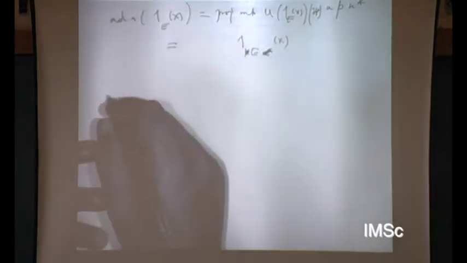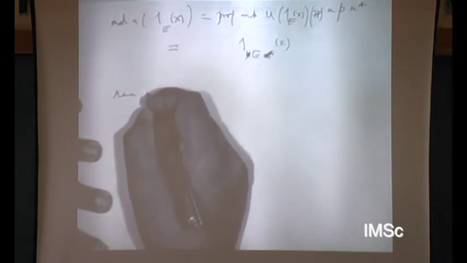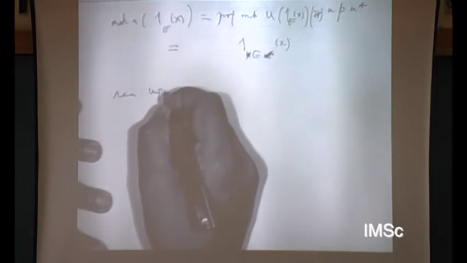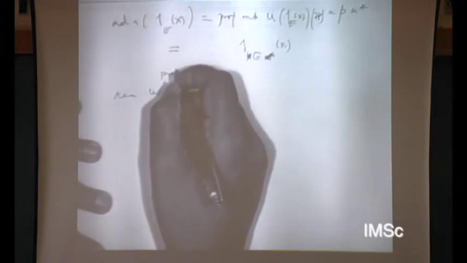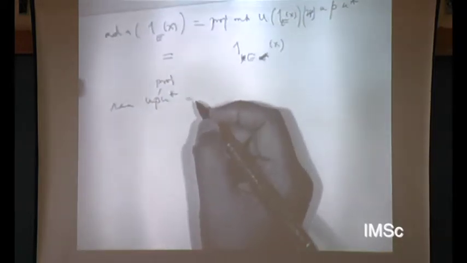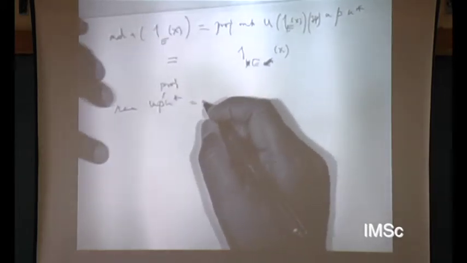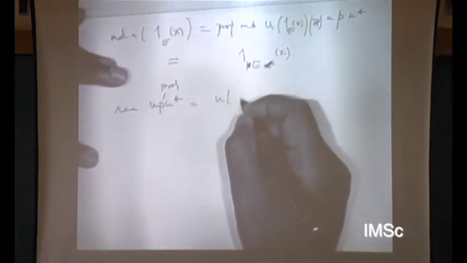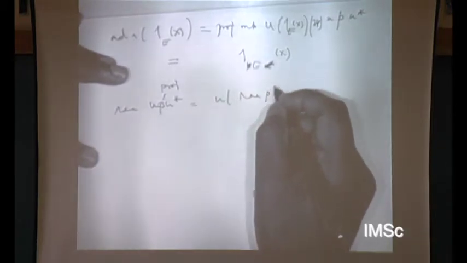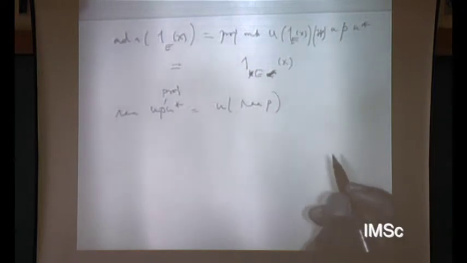Actually, what I was trying to say, I said about kernels. So I want to say the range of U P U star, suppose P is the projection. What is the range of U P U star? It is just the range of U P, which is the same as U of range P. Right?